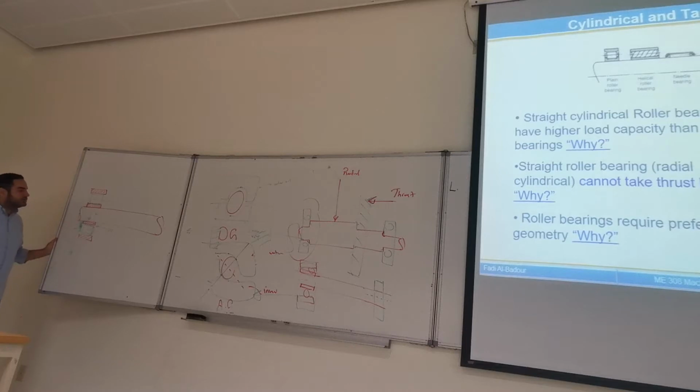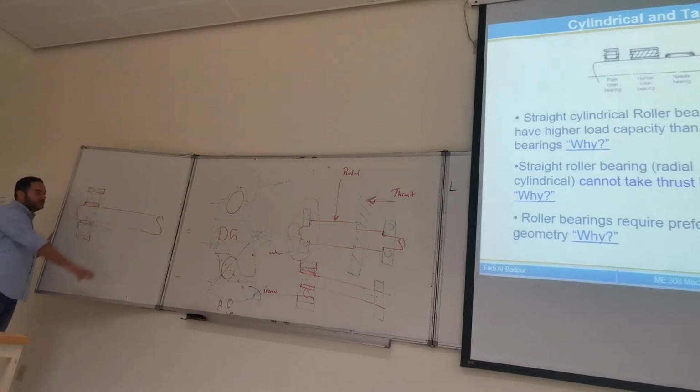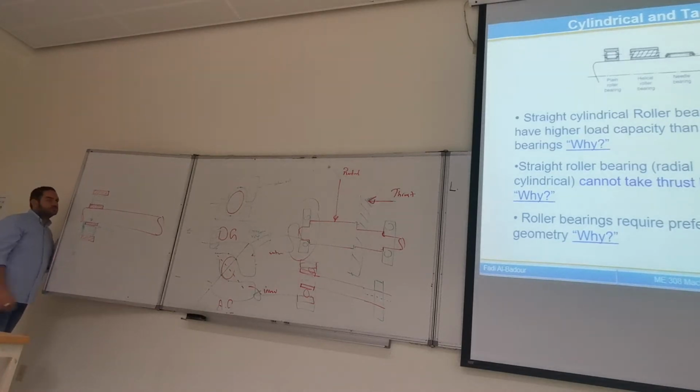The last part: this type of bearing requires perfect geometry. When we talk about perfect geometry, we're talking about alignment. Why does it require perfect alignment? Let's imagine that the shaft is tilted. The inner ring goes with the shaft. What will happen to the roller? Is it going to remain straight like this?